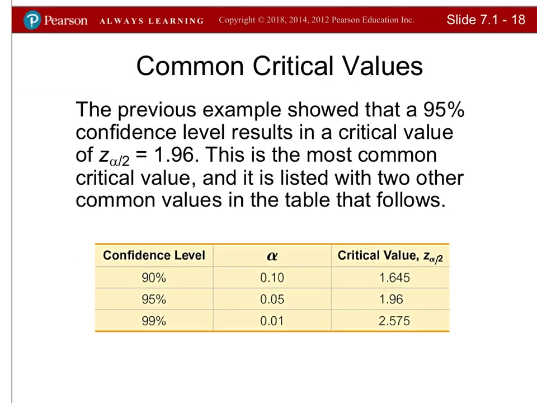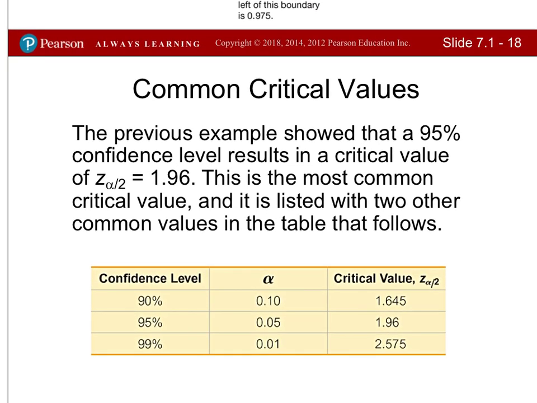Now, if you are creating a confidence interval that is common, and by that I mean our common confidence intervals are 90%, 95%, or 99% confident, as you can see here, then those correspond to those alpha levels, and there are the critical values. You'll use these over and over again for these levels of confidence.